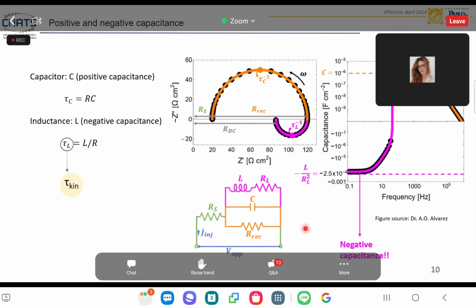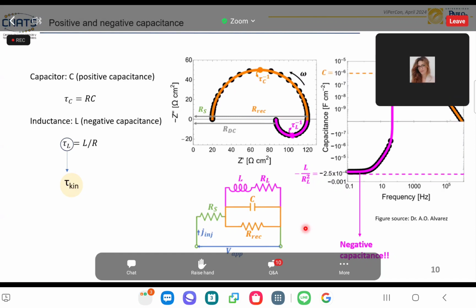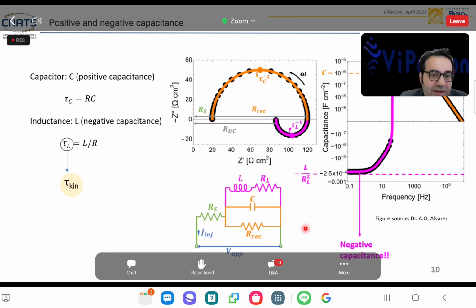So there is a huge open topic to make the most general equivalent circuit possible. Also, it is very helpful to analyze not only impedance, but also IMPS and IMVS, the other two small perturbation techniques. So it would be highly desirable to perform the three techniques to be sure that all of them match the equivalent circuit. Okay, thanks. Always the same question, very difficult and very important, actually.